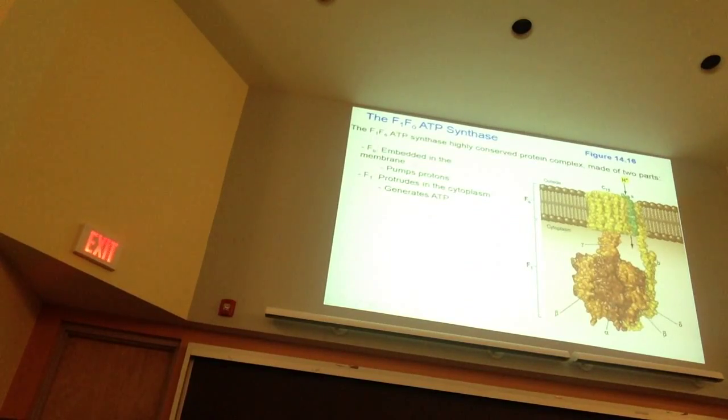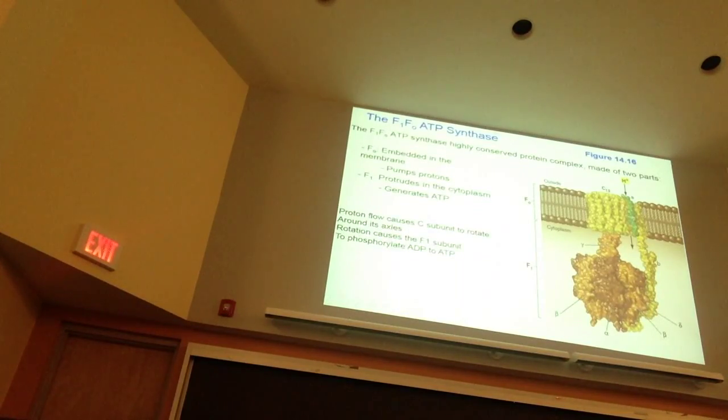So F0 embedded in the membrane, F1 protruding into the cytoplasm. Highly conserved protein complex, so this is a very, very similar structure to our ATP synthase, as in bacterial, as in fungal, as in plant ATP synthase.